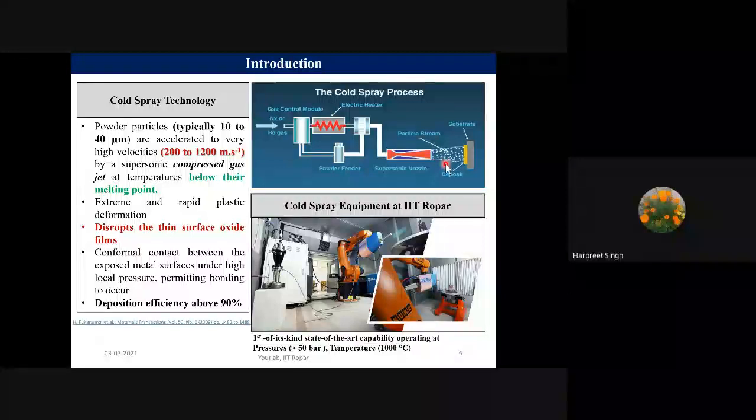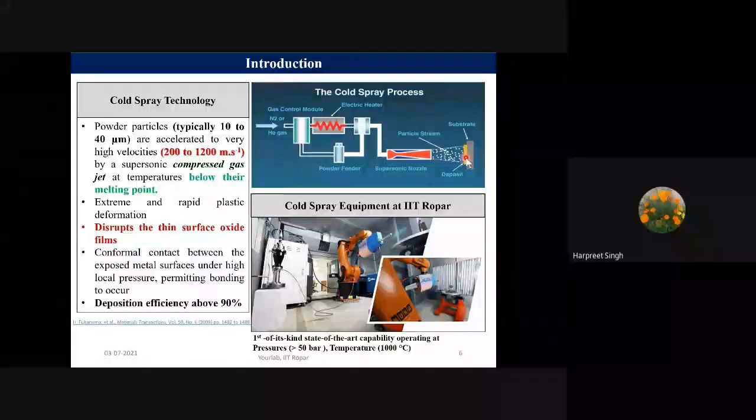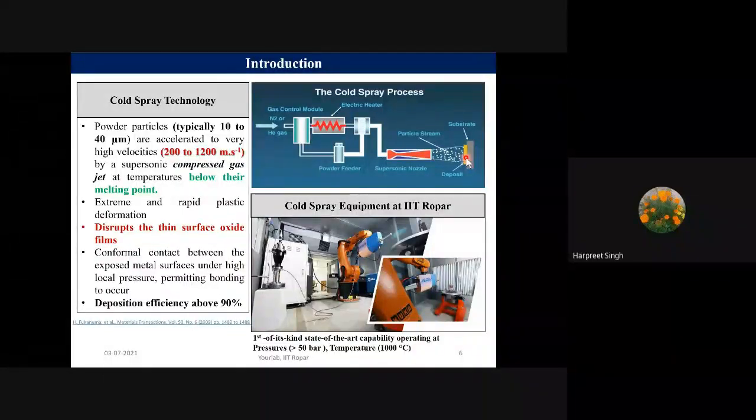Now the beauty here is that, for example, this is our copper powder, which we want to propel onto the surface. We are not heating the copper powder, which makes it what they call a solid state process.